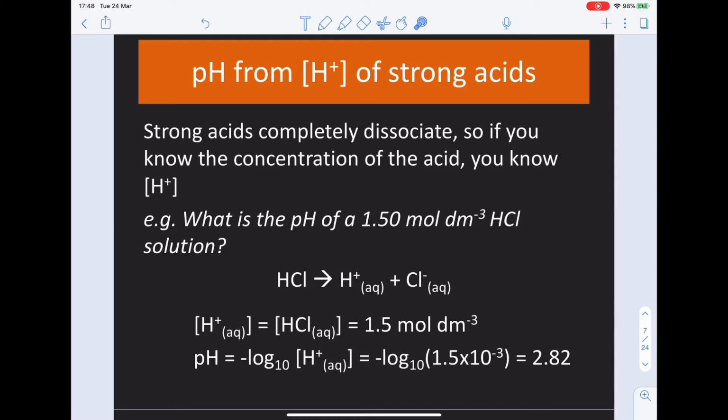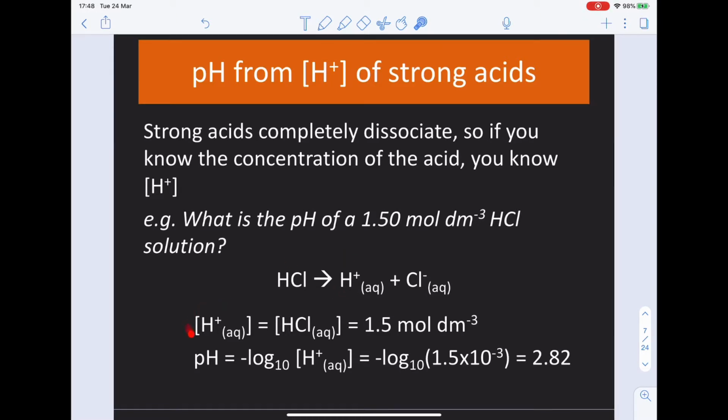So if we have 1.5 mole per decimeter cube of HCl in solution, all the HCl molecules would ionize or dissociate into H plus ions and chloride ions. So we know the concentration of H plus ions as it is the same as the HCl, because the stoichiometry of HCl to H plus is 1 to 1.